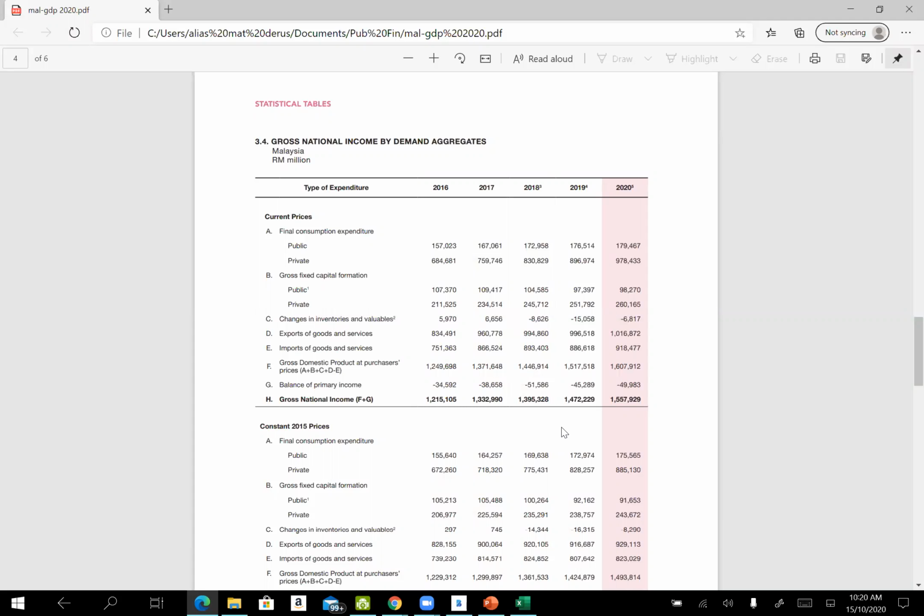So that will give you an idea of the size of government. Of course, take into account the business cycle. As you can see, during an economic downturn, there is a shock to the economy, so the government will increase the expenditure. So if you look at recessions for the past 20 years, you'll see that pattern.